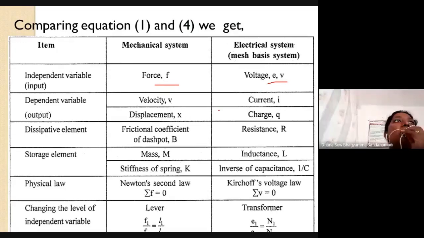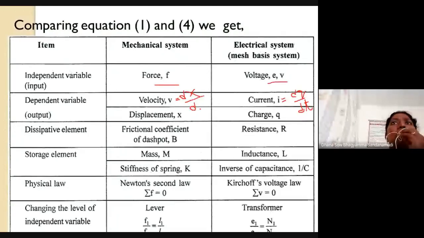Next, I is equal to dq by dt, isn't it? Velocity is equal to dx by dt.